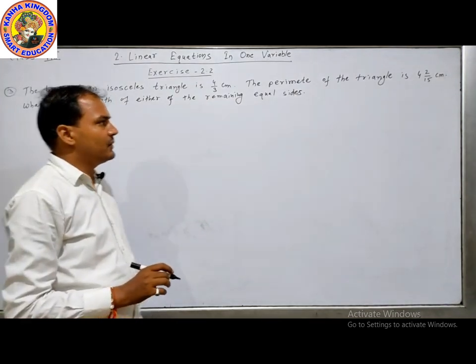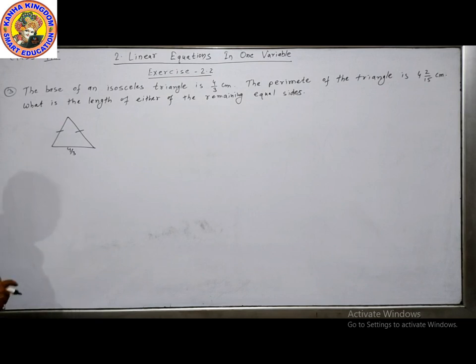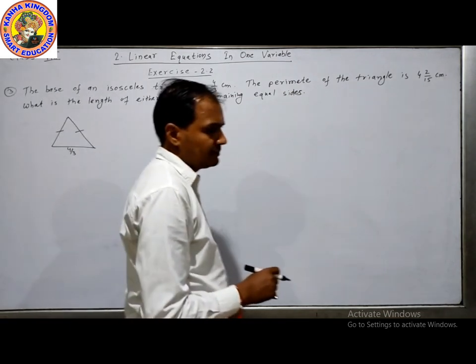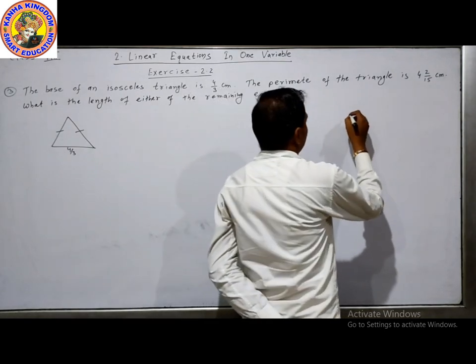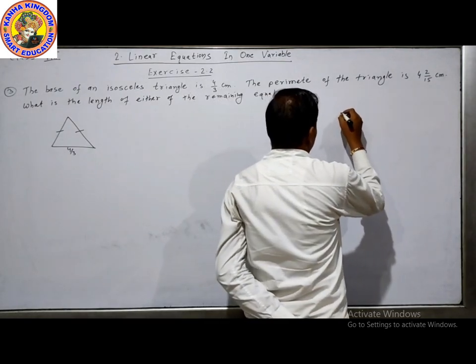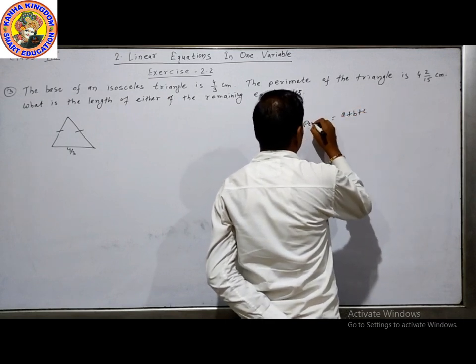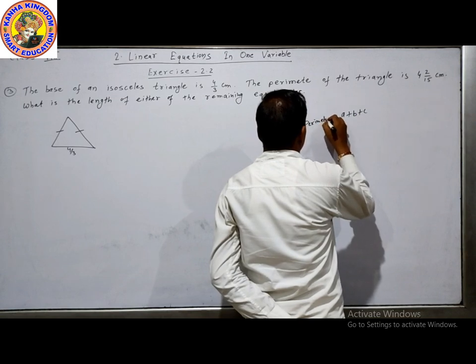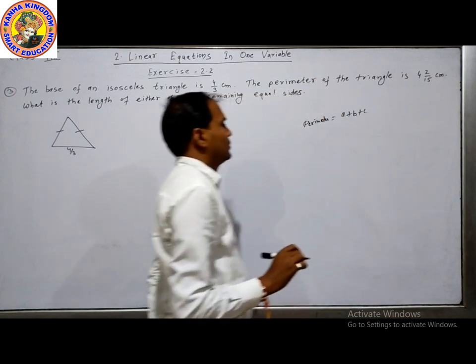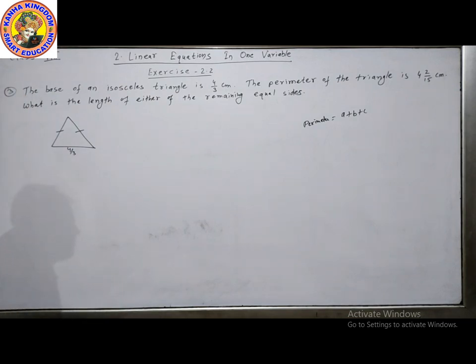The perimeter of the triangle is given as 4 2/15. Perimeter of a triangle. What is the formula of perimeter of a triangle? The formula is A plus B plus C, which means addition of three sides, 1, 2 and 3.